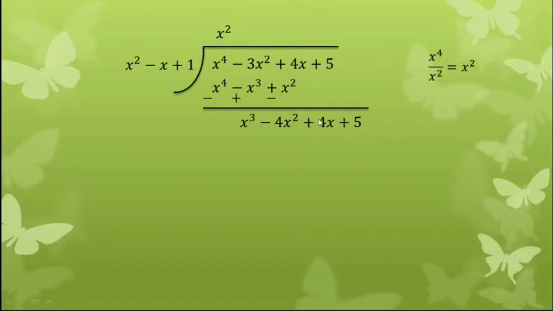So the first term of that one is x cube, and the first term of g(x) is x square. So when we divide x cube by x square, what will we get? We will get x. Okay, we will get x. So the next term we will multiply by plus x.